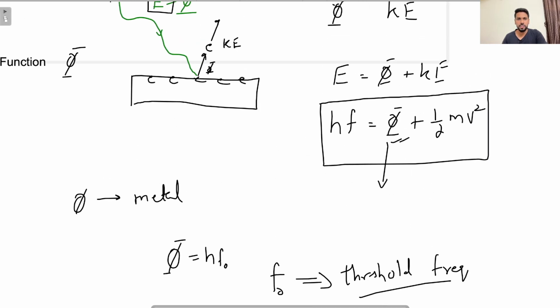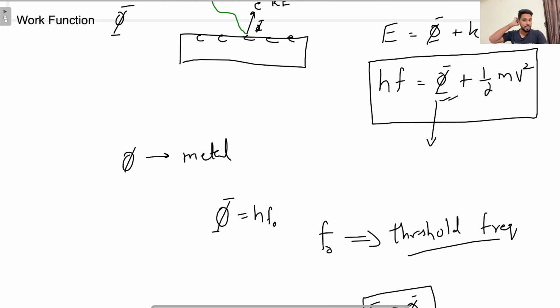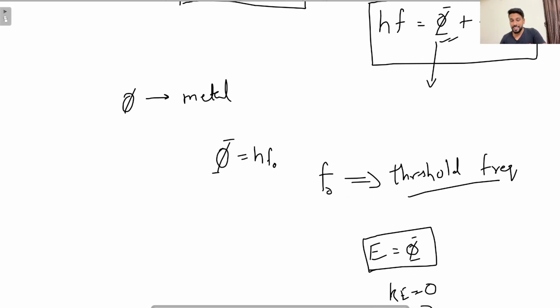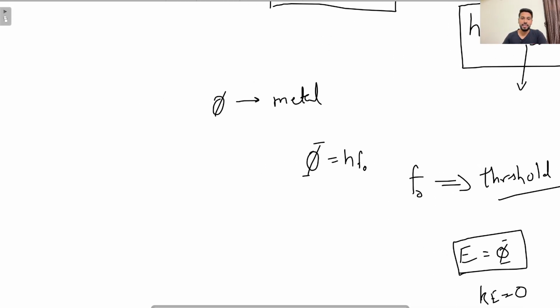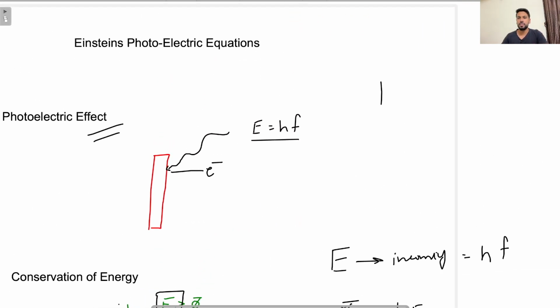When velocity is 0, this electron is unable to go away and hence will be captured back to the metal surface itself. This is the case when KE is equal to 0, when the incoming energy is equal to the threshold energy. That's why it is said that for a proper photoelectric effect, your incoming energy E should be much greater than the threshold energy in order for the electron to go away from the metal.